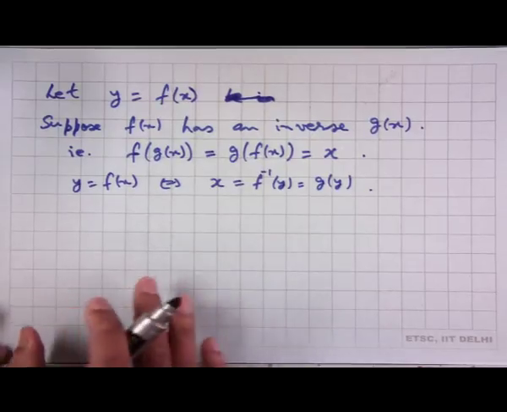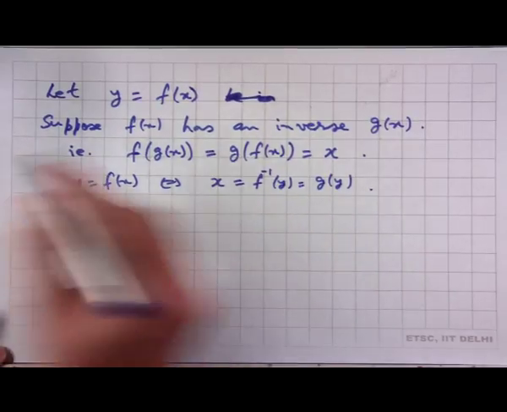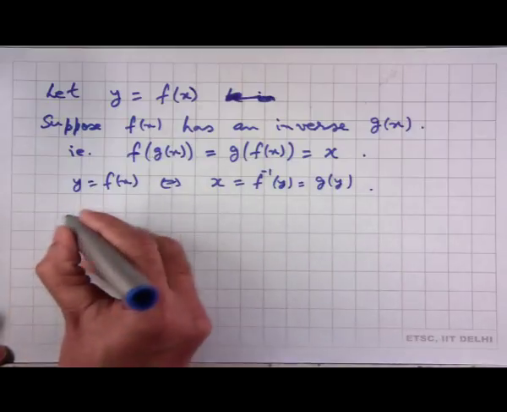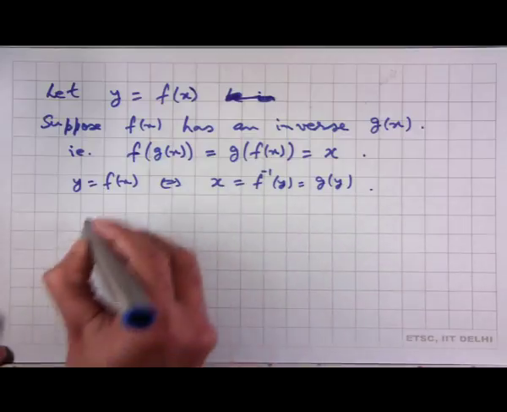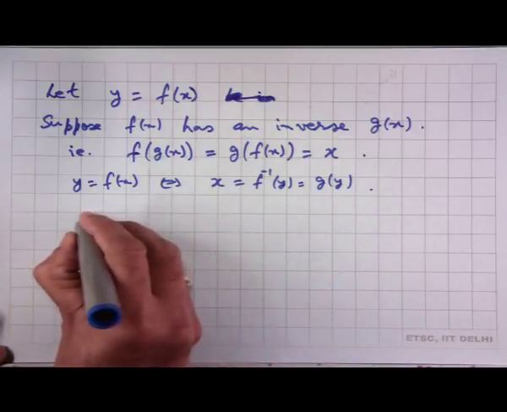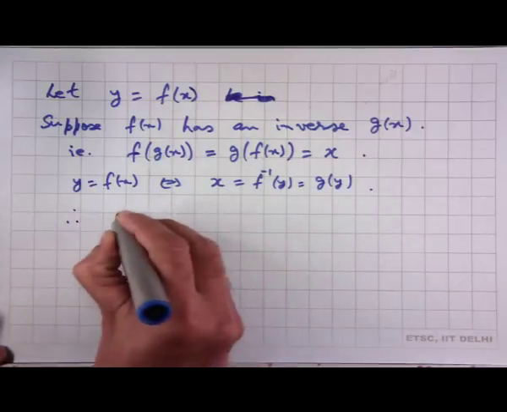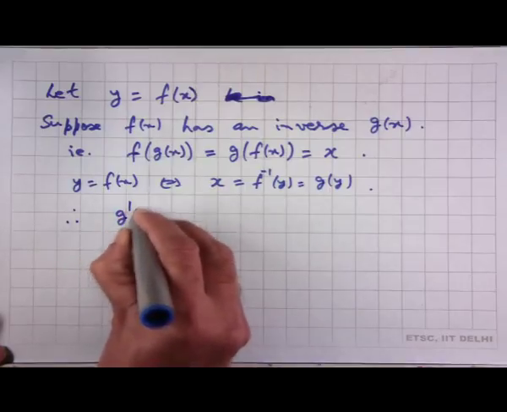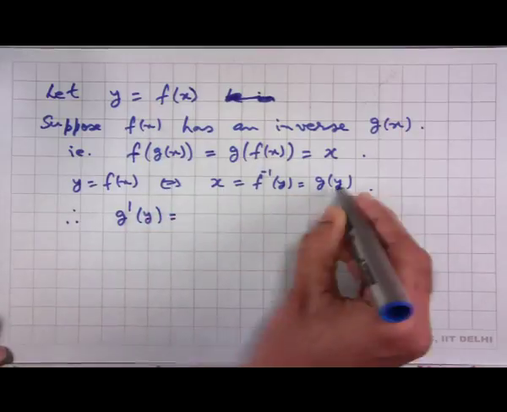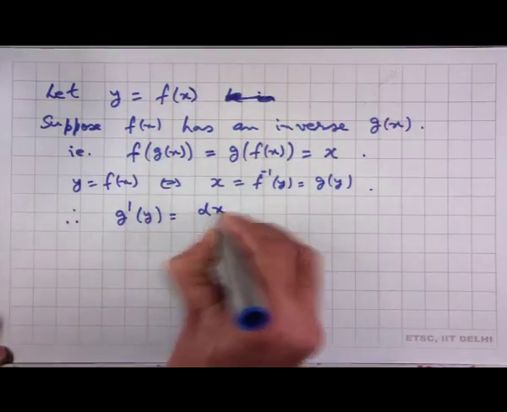Now, to find the derivative, therefore, g prime of y is nothing but dx dy.